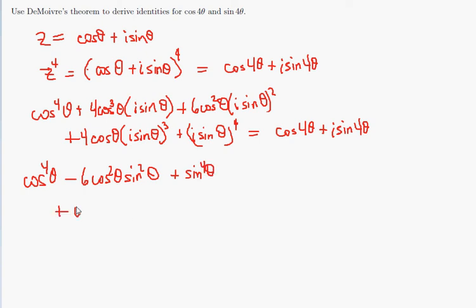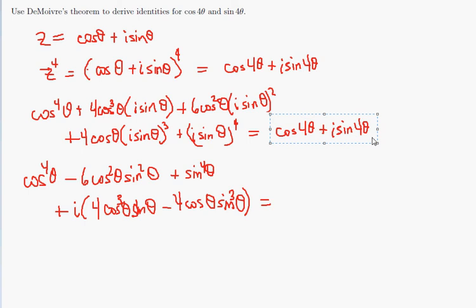The imaginary parts, the second term here is 4 cosine cubed theta times sine theta. And then the fourth term, first on this new line, would be negative 4 cosine theta times sine cubed of theta. And that is equal to the right-hand side, cosine 4 theta plus i sine 4 theta.